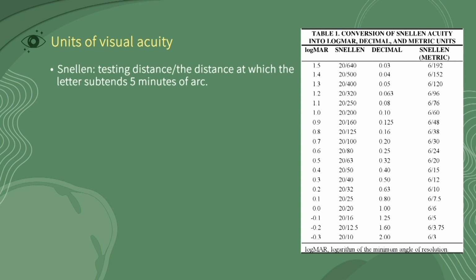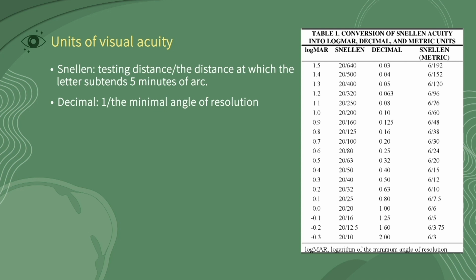Snellen is a fraction in which the numerator is the testing distance and the denominator is the distance at which each letter of this line subtends 5 minutes of arc. The testing distance can be 6 meters or 20 feet. The decimal unit is the reciprocal of the minimal angle of resolution. It can be calculated simply as the decimal of the Snellen fraction.